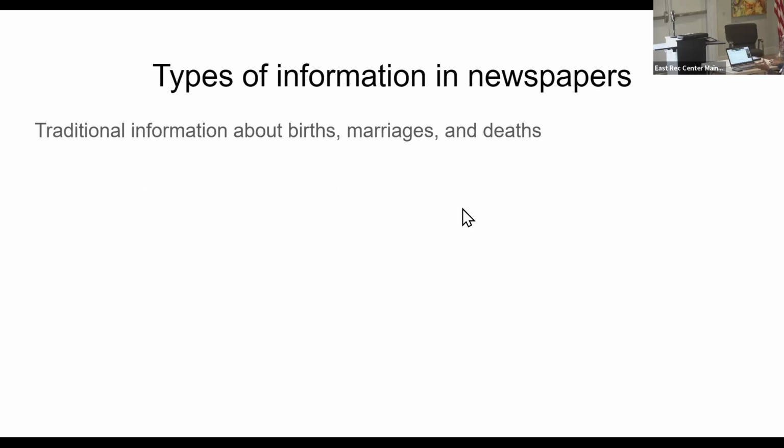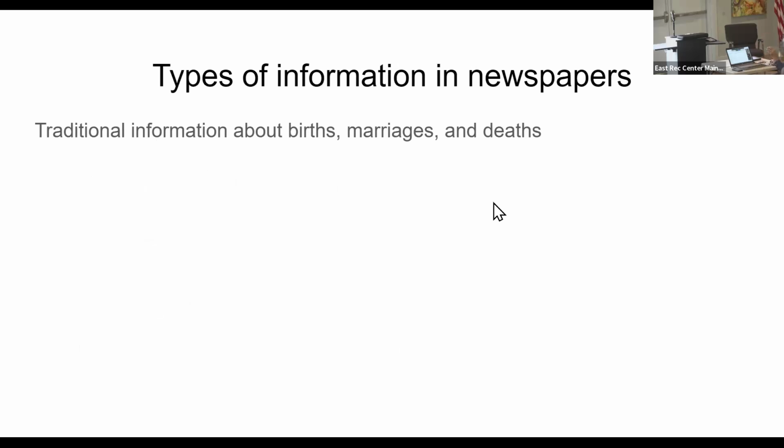So newspapers contain traditional information. There are often lists of marriage licenses that were issued, and recent deaths. There will be obituaries. In the modern day and age, you get very large marriage announcements.